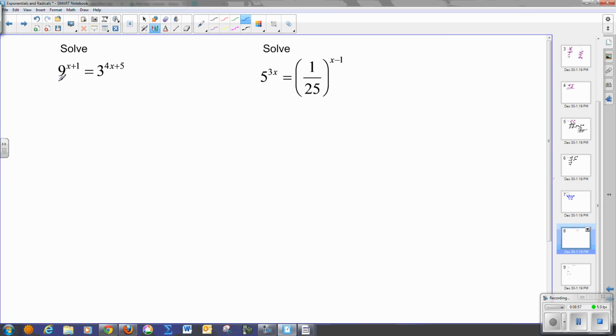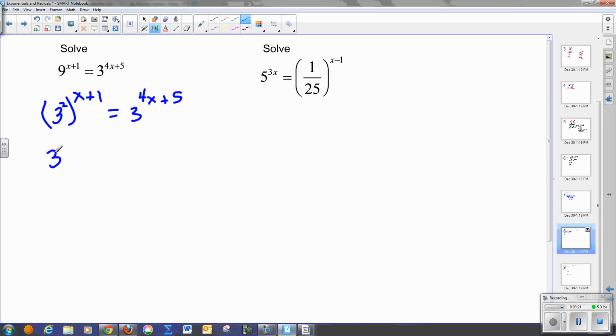Now, we have one term on the left side and one term on the right side here, but our bases aren't the same. However, I can use the principle that I've used prior and say 9 is equal to 3 squared, and that's raised to the x plus 1. And then I have 3 to the 4x plus 5. So power of a power, I get to multiply the powers.